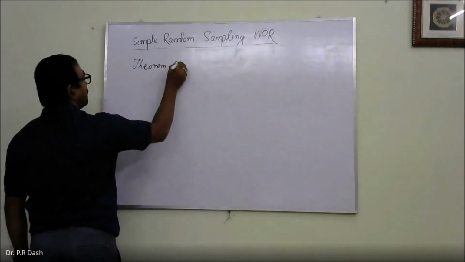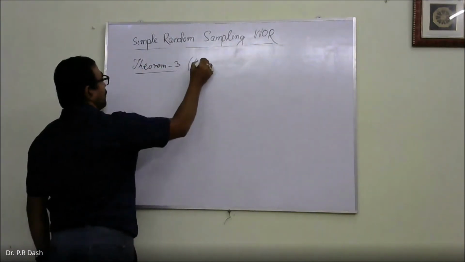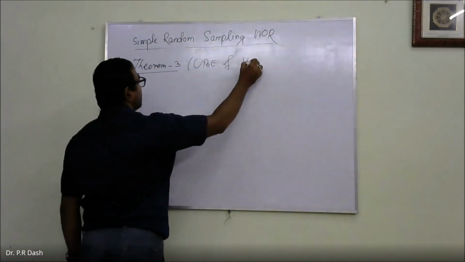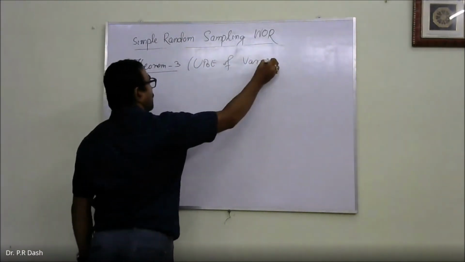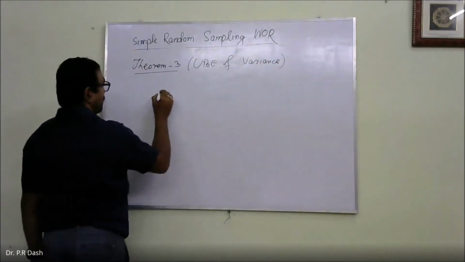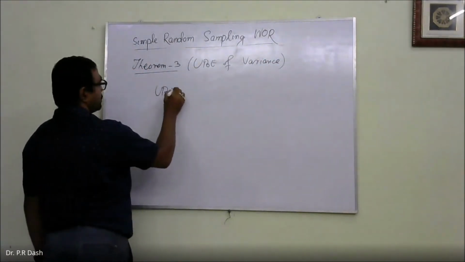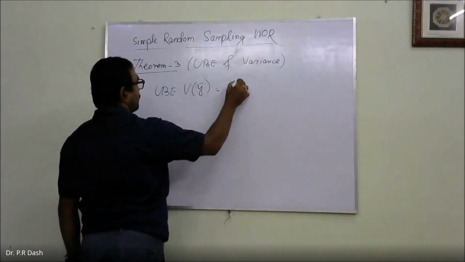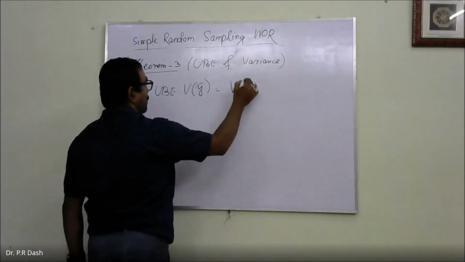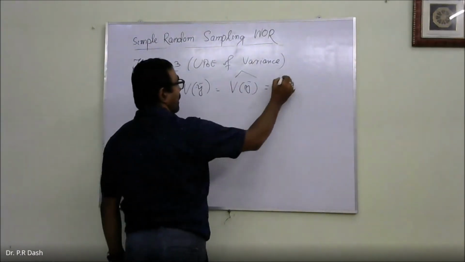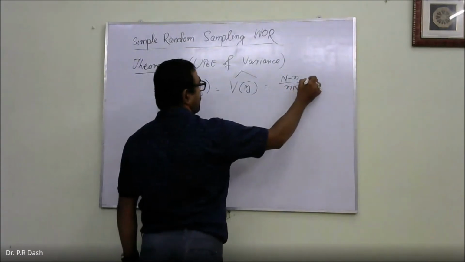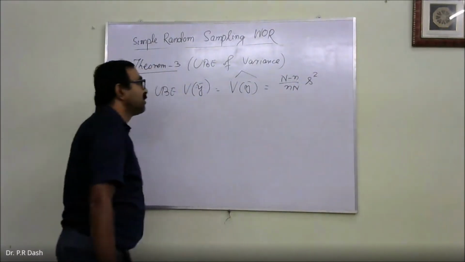Now, the third theorem on best estimate of variance. On best estimate of variance of y bar, that is equal to n minus n by n n small s square.